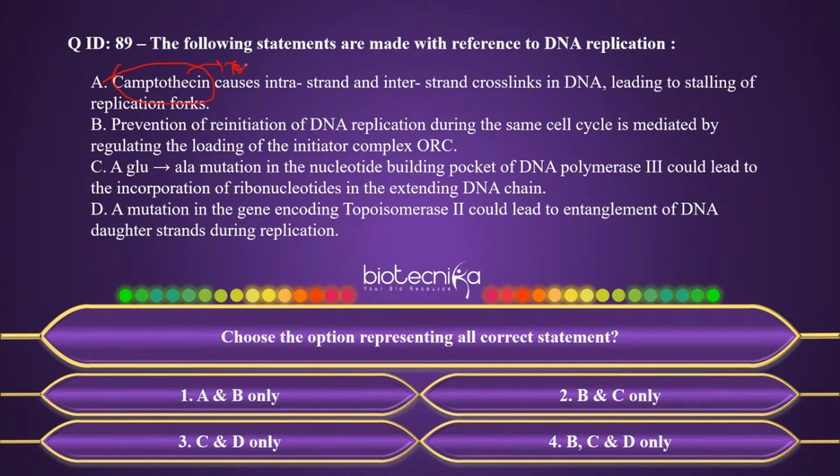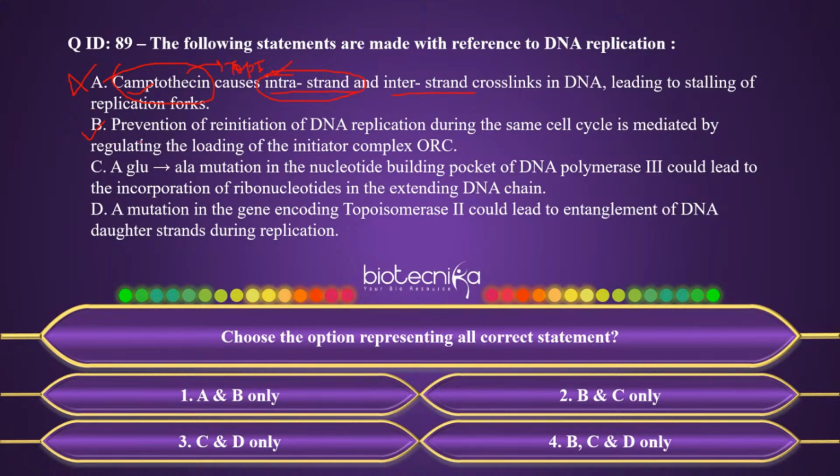If topoisomerase 1 is involved, it will act on the intrastrand, not the interstrands. Two strands won't be there, only one strand would be responsible. So this particular option would be wrong, obviously.